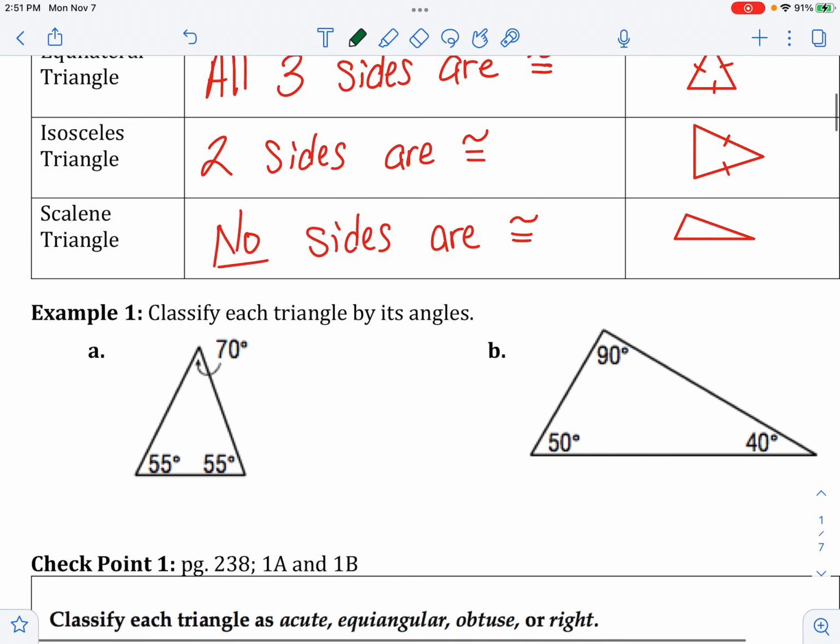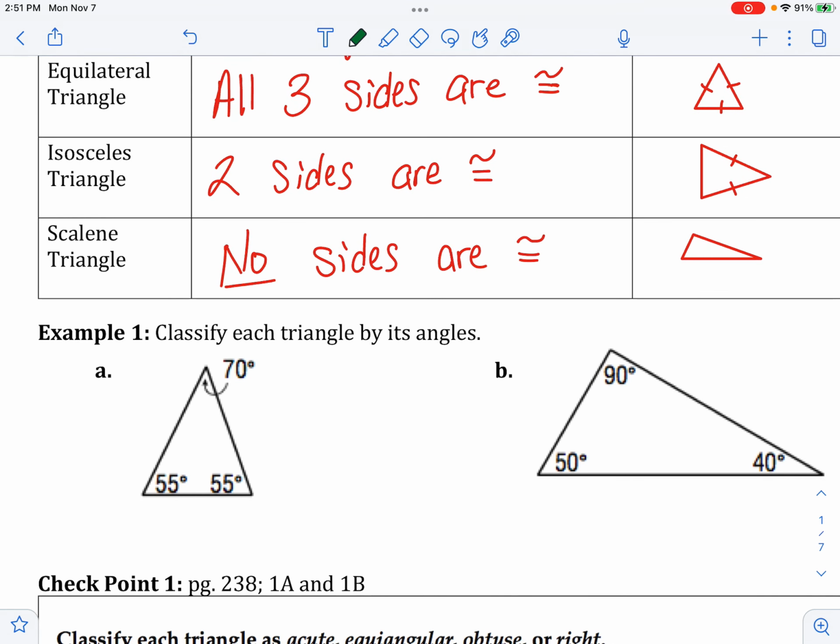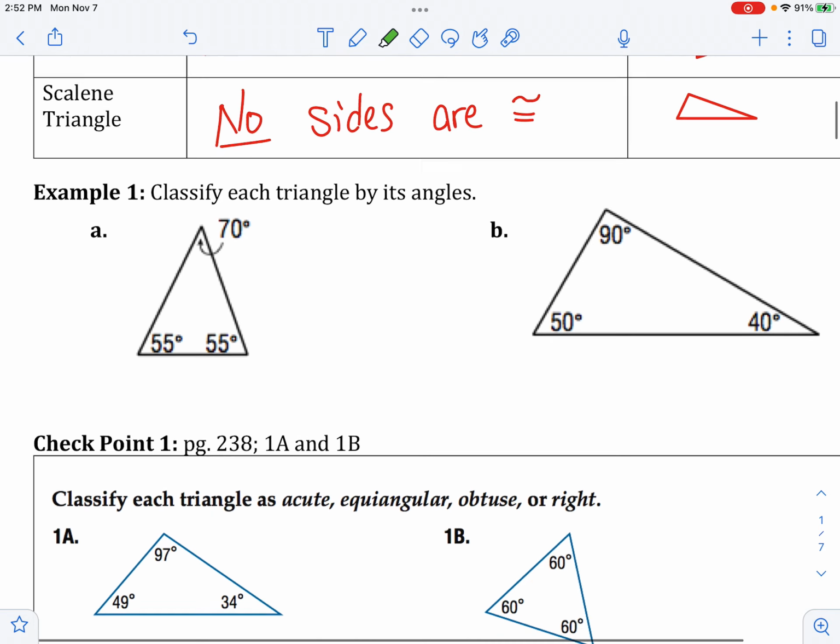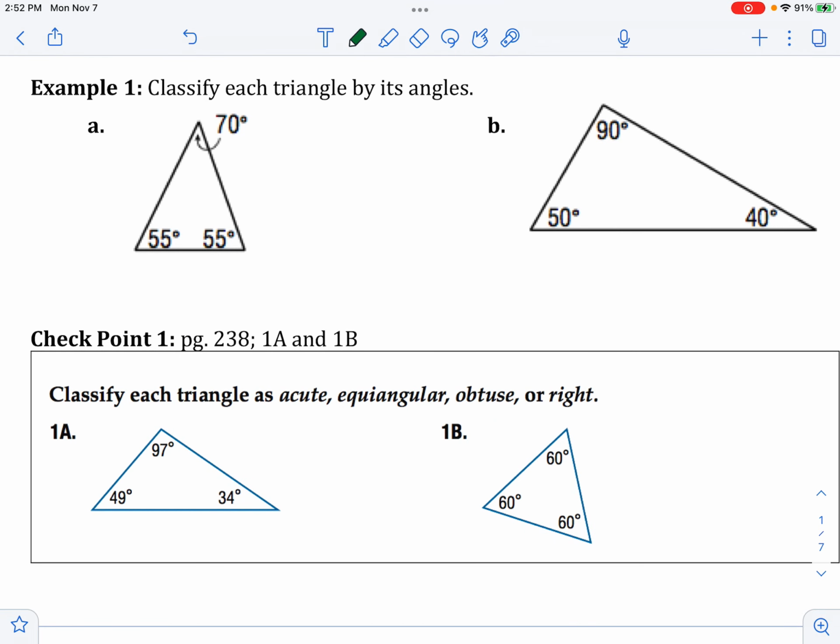So depending on the definition, some textbooks will say that an equilateral triangle could also be classified as an isosceles triangle because it also has two congruent sides. Now it has more than two, but it has at least two. So that's one quick note there. Some textbooks will say exactly two, some will say at least two, as the isosceles triangle definition. Just something to think about.